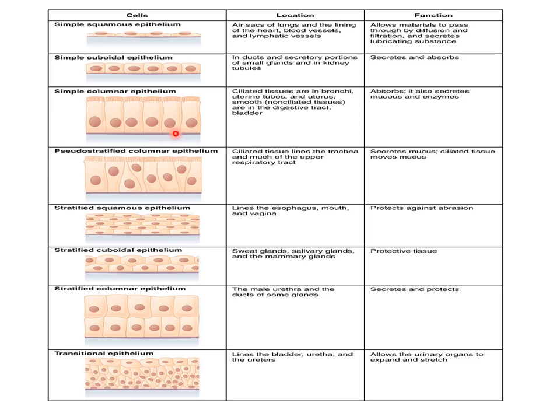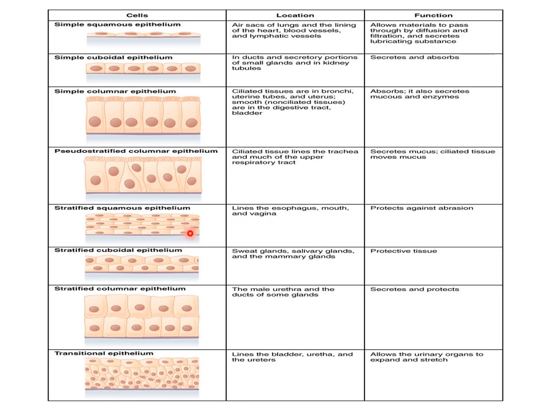Then the ciliated columnar epithelium lines the uterine tubes, and the non-ciliated columnar epithelium lines the stomach and GI portions. Its main function is to absorb, and it also secretes mucus and enzymes. Then the pseudostratified epithelium lines the respiratory tract, and it secretes mucus, and the cilia move and trap foreign particles.